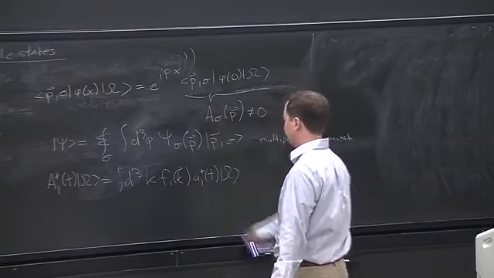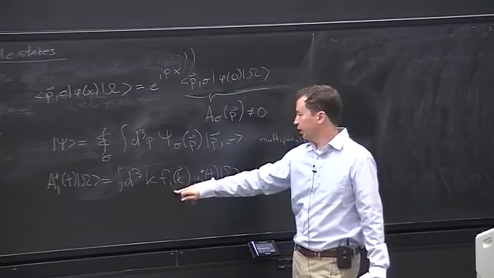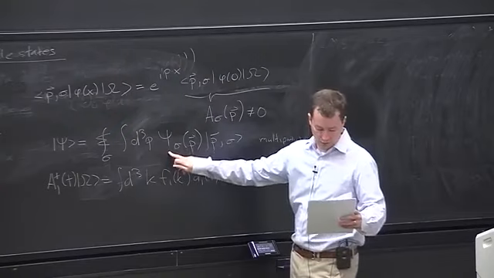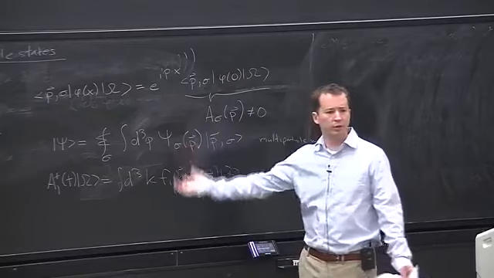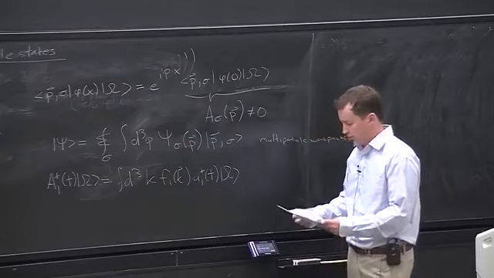And so we can imagine that f and psi are Gaussians, for instance, but the precise form won't really matter too much.